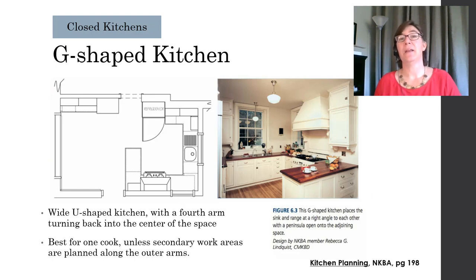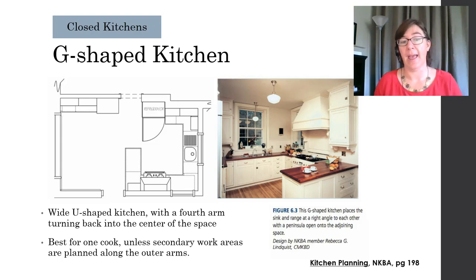Our last common closed kitchen type is called a G-shaped kitchen. Again, this is a letter G. It is very similar to the U-shaped kitchen, only there is a fourth arm that turns back into the center of the space. So you take a U-shaped kitchen and you add a peninsula, or a fourth arm, sometimes closed by a wall.